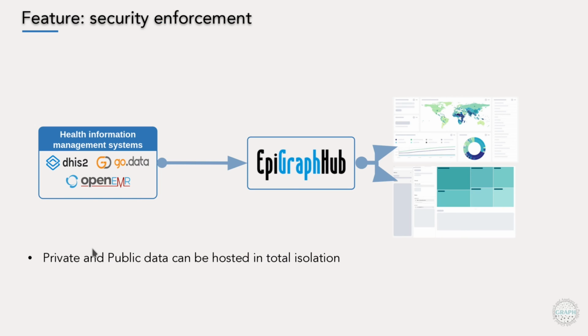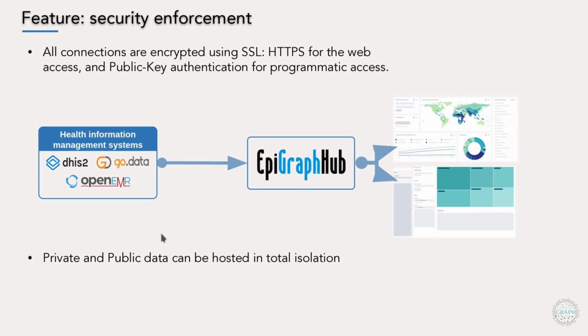Security is a key feature for our platform. In EpiGraphHub, you can keep private and public databases hosted in the same server in total isolation. And the security across the platform is guaranteed by strong encryption on all the interactions with the web platform and programmatically through our libraries.